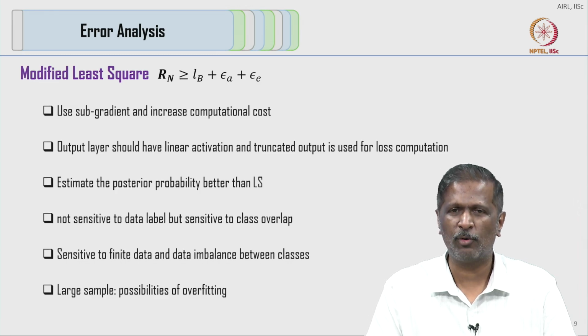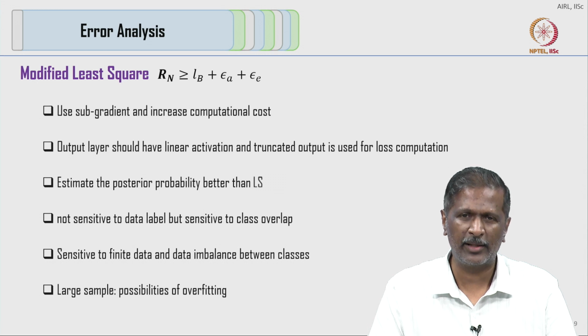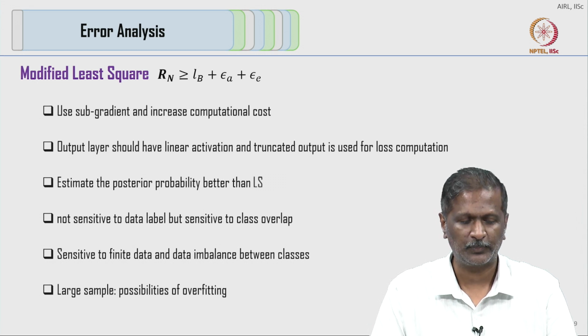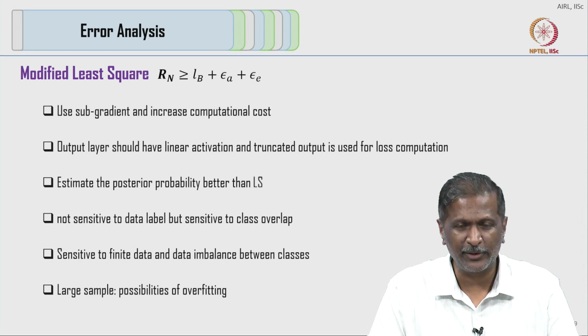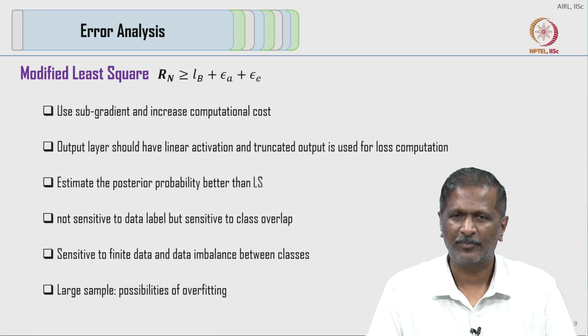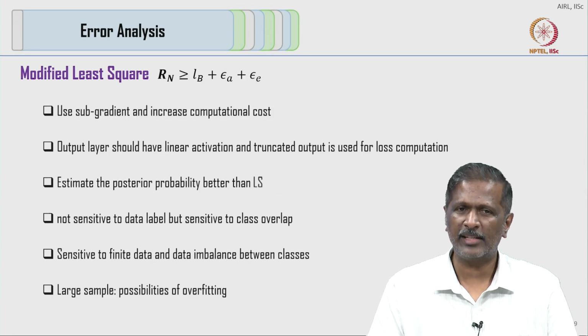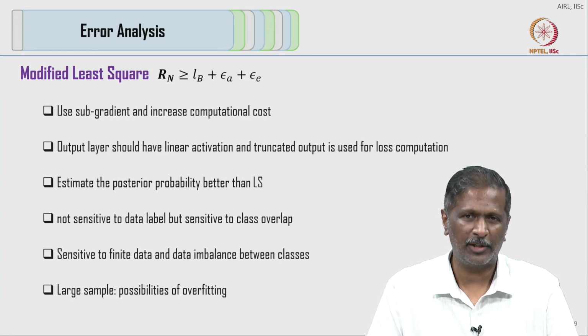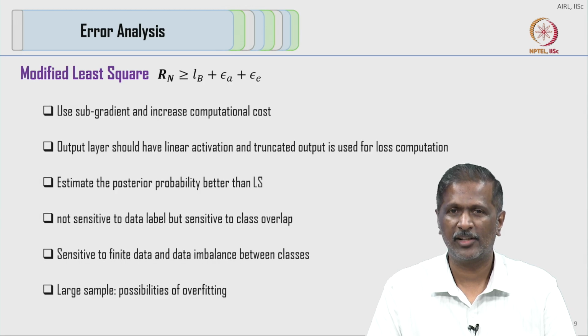If classes are overlapping with each other, both least square and modified least square cannot handle it. Similar to least square, it's also sensitive to finite data distribution and imbalance in the data set. If you have more samples, the overfitting problem also comes into the picture. Generalization is an issue.